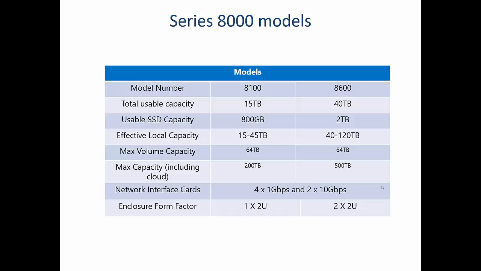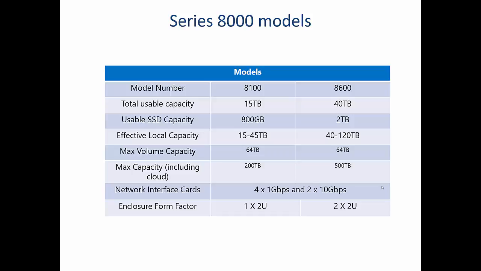The 8600 has 40 terabytes of usable capacity, scales up to 500 terabytes, and that's in a 4U form factor. And each of these appliances, as I mentioned, is built in an active passive dual controller architecture, and each controller has 4 1-gig ports and 2 10-gig ports.